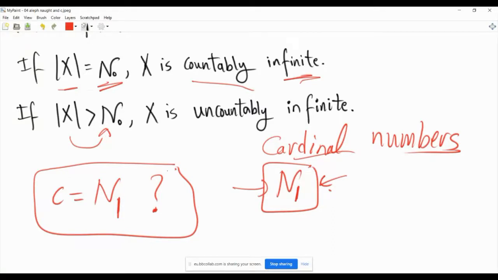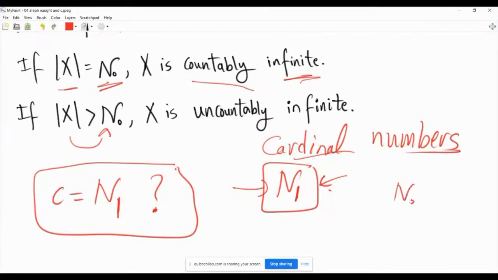Basically, is c equal to Aleph1, or are there sets with a cardinality that is strictly larger than the cardinality of the natural numbers, but strictly less than the cardinality of the real numbers? Okay, so this is an open problem. It is not of any interest to us here.